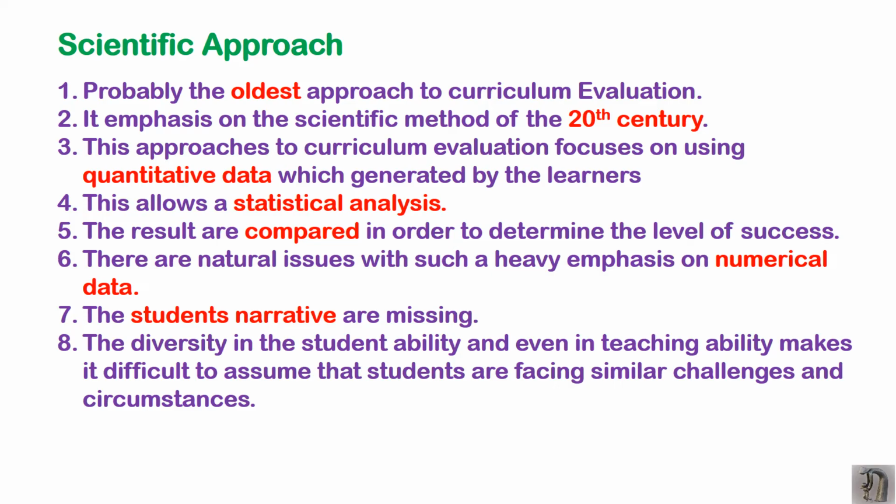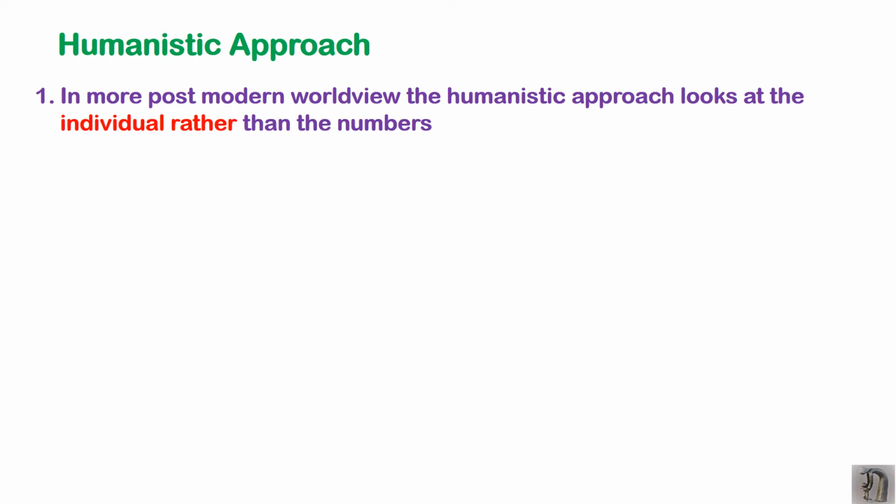Now let us move to the humanistic approach. In a more postmodern worldview, the humanistic approach looks at the individual rather than numbers. So the scientific approach looks at numbers, whereas the humanistic approach looks in more narrative ways.